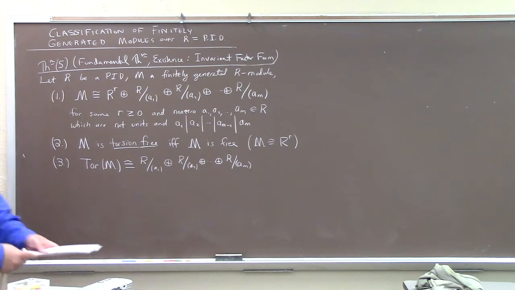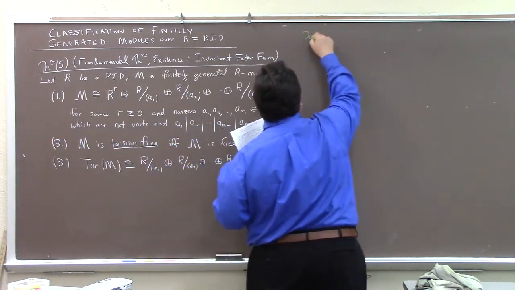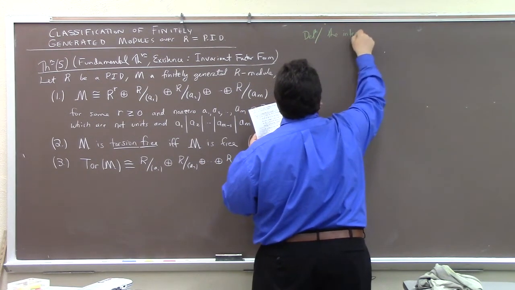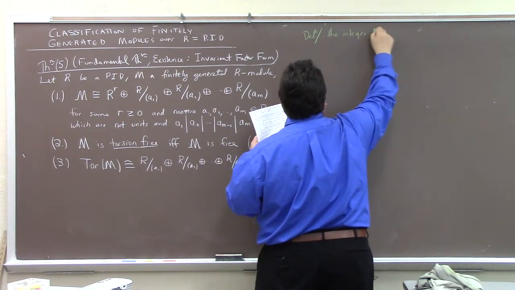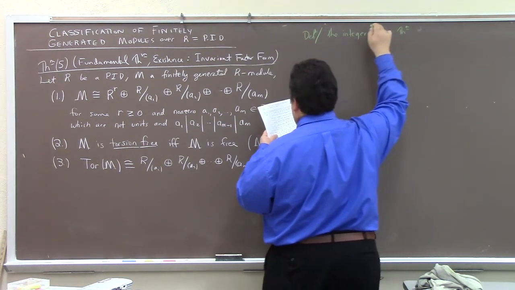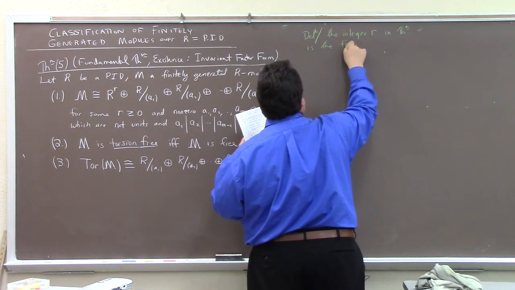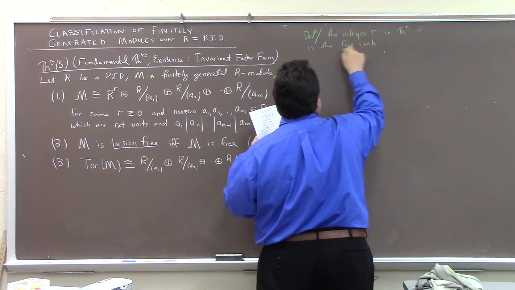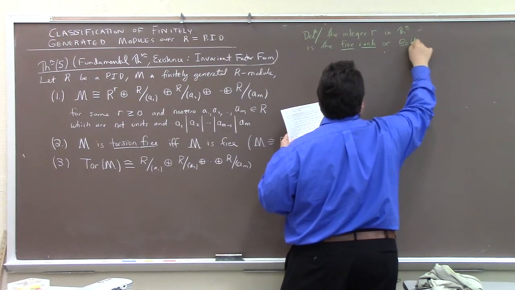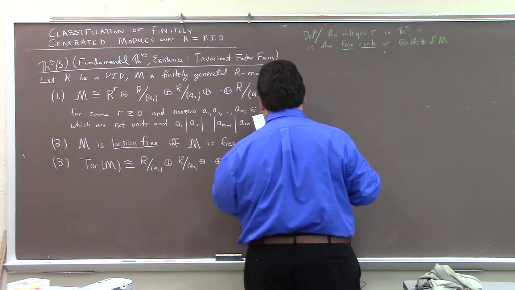So, excuse me, definition. The integer r in the theorem is the free rank, the free rank or Betti number of M, right?